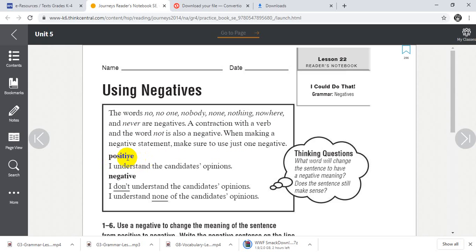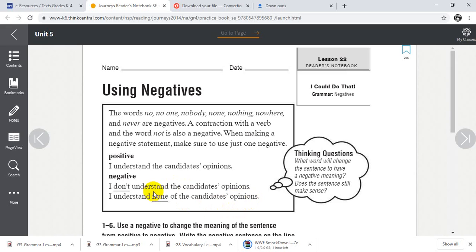So here we have the positive form. I understand the candidate's opinions. That's in the positive. There's one way to make it negative, which is I don't understand the candidate's opinions. Or I can say I understand none of the candidate's opinions.